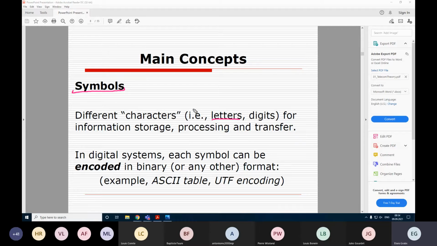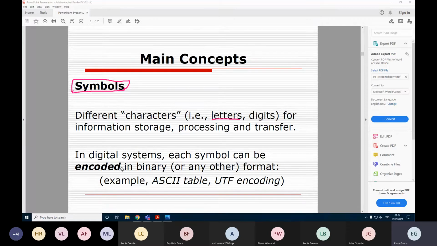For example, we write books, which can be put into the library, then some students come for these books, get these books, read them, and get information stored in these symbols written on the paper of the books. So basically symbols are tools which we use to work with information.